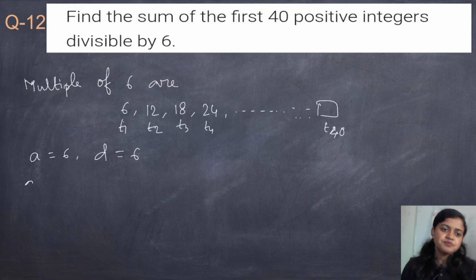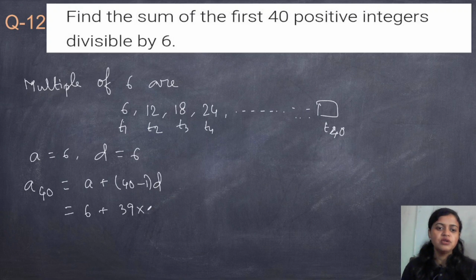So we can find the value of T40. The value of T40 will be A plus (n minus 1) into D, that is 40 minus 1 into D. So the A value is 6 plus 39 into D, and D means 6.